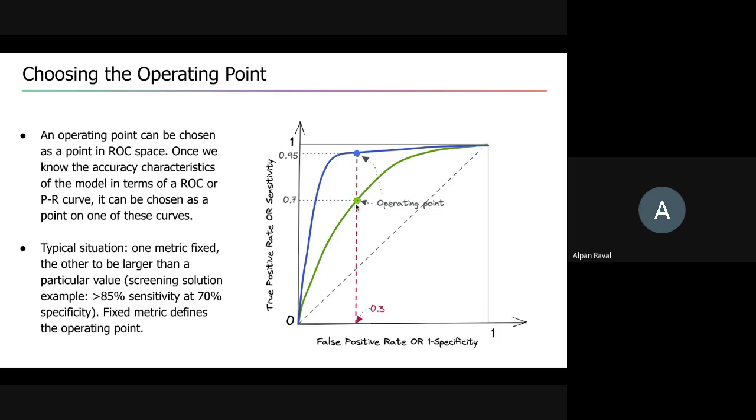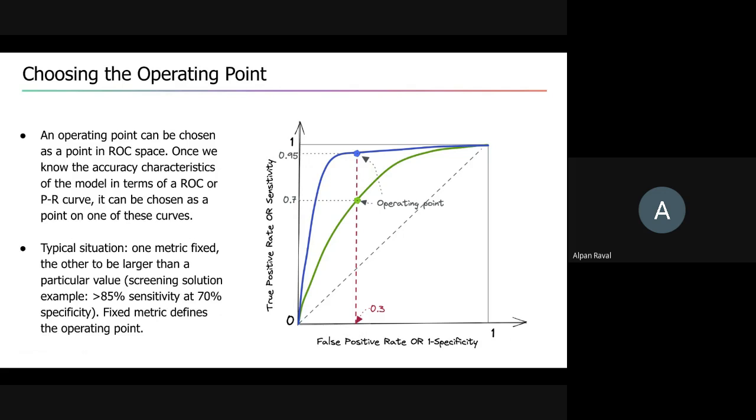For the green model, at a specificity of 70%, you have a sensitivity of 70%. So it doesn't satisfy this criterion of greater than 85% sensitivity at 70% specificity. Whereas the blue curve does satisfy that criterion, because the sensitivity at 70% specificity is 95%.